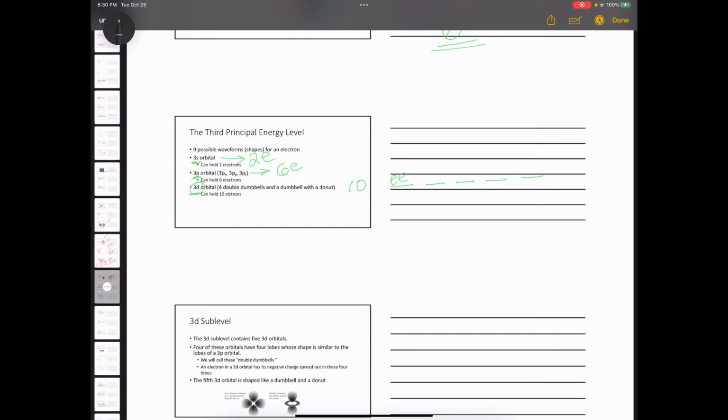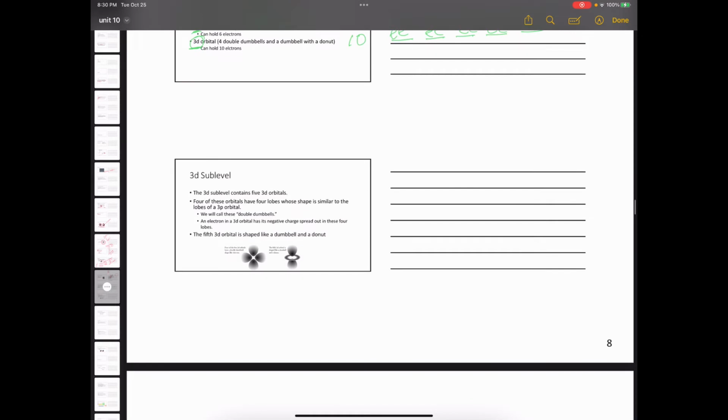So there's 2 electrons here, 2 electrons, another 2 electrons, and another 2 electrons. So that is 2 electrons that we can fit in every single suborbital, which would increase our number of electrons to 10 electrons per d orbital.